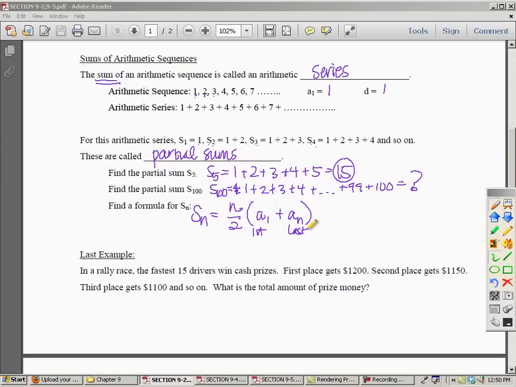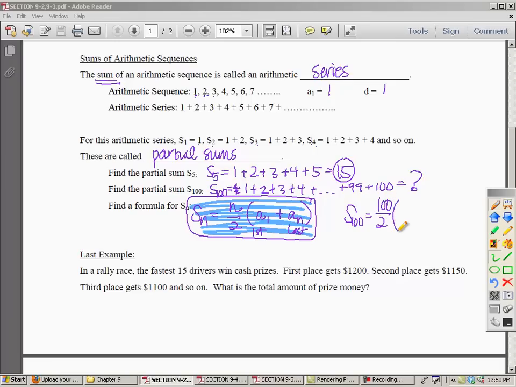So let's talk about the 100th term. Because this, again, is a formula you'll need to know. So let's highlight this one as well. Excuse me. Now, take a look. As we do this, let's do the sum of 100. I take 100 divided by 2.